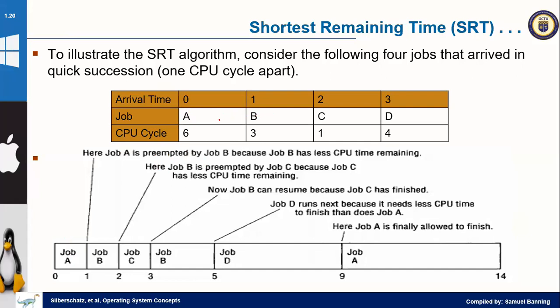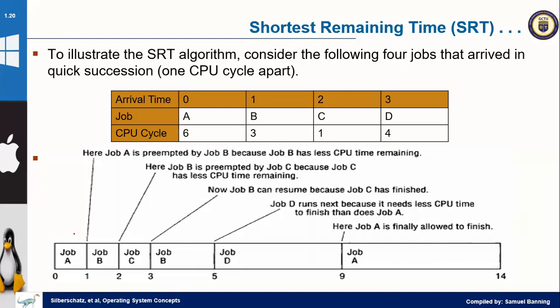So now we have jobs A and B. This is the shortest time remaining algorithm. So the operating system has to calculate and determine which job is given to the CPU.